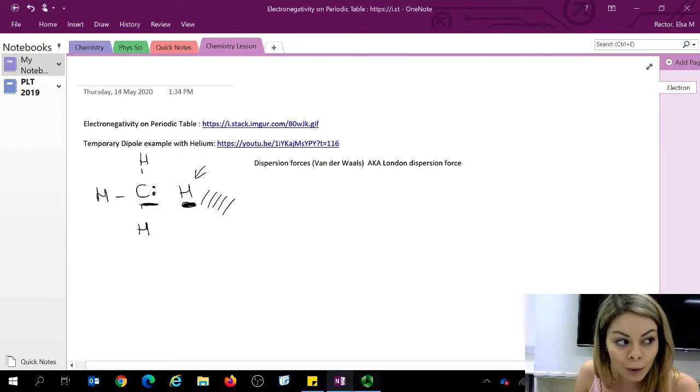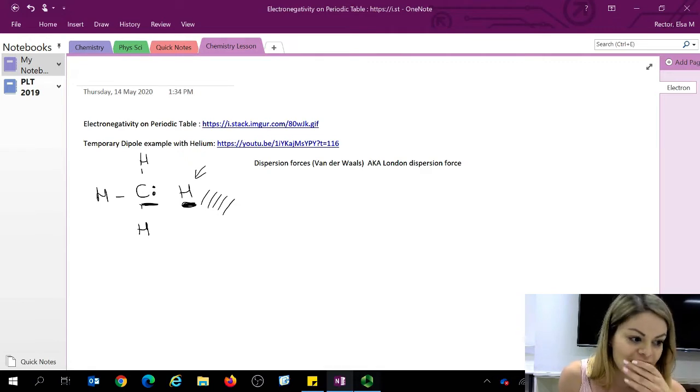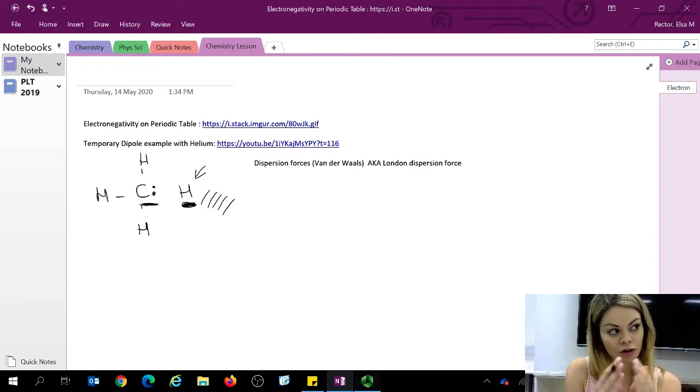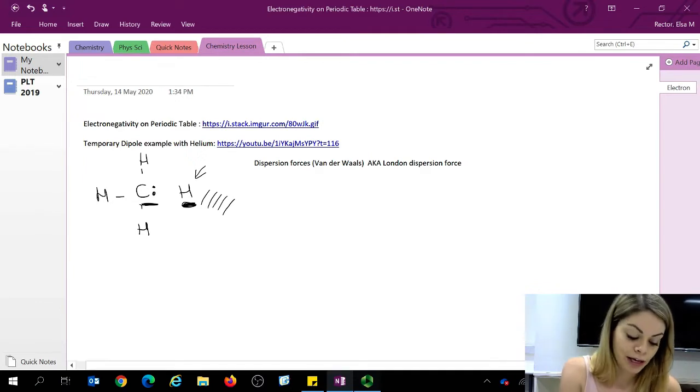So the dipole is the relative positive and negative aspect. Okay, so it's where you've got a relative positive and negative bit there. So we have a temporary dipole here.